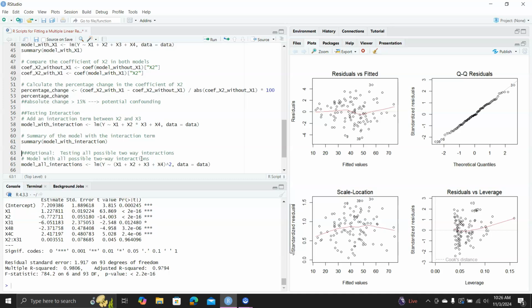Here, the p-value is 0.96, so there's no significant interaction between x2 and x3.